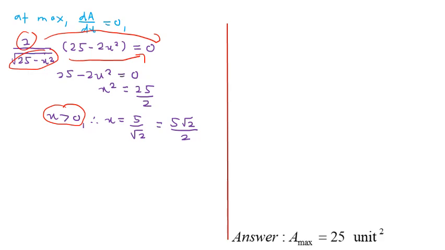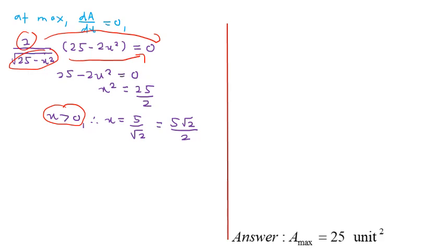Or if you press in your calculator, they already rationalize for you, that is 5 root 2 over 2. Okay, so this is the value of x. But remember, do not take this value straight away to find the maximum area, because we still have to prove that this value will give the maximum.